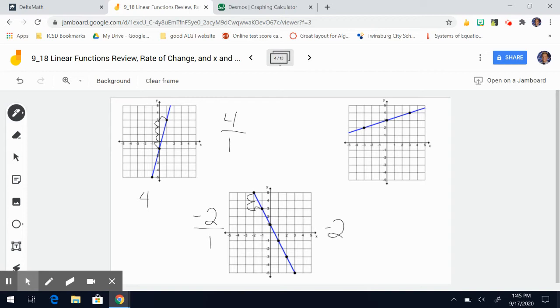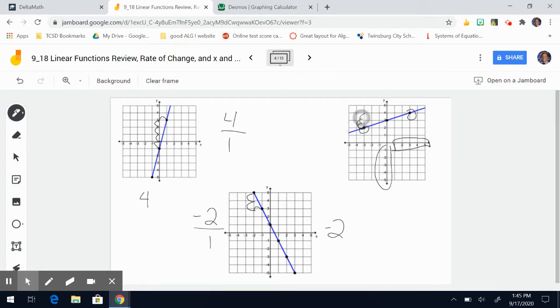And last but not least, I'm going to show you that it doesn't really matter which point you take. So I'm going to take this first point on the left and the last point on the right, and pretend I don't see the one touching the y-axis, known as the y-intercept. I'm going to jump up 1, 2, and you have to pay attention to your intervals. Your intervals are these numbers on the axis. We are going up by ones.